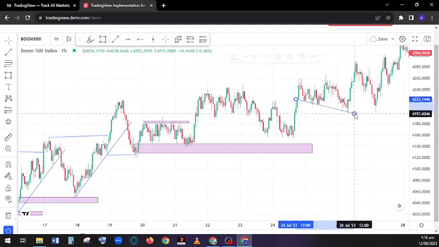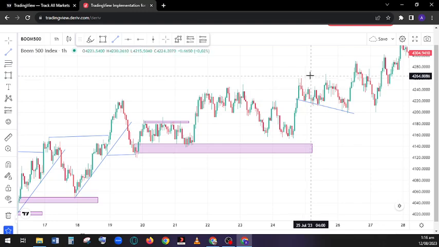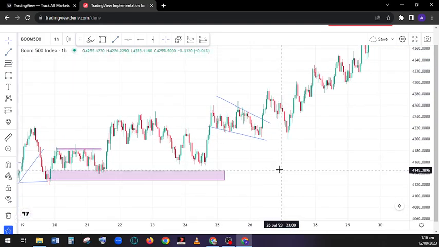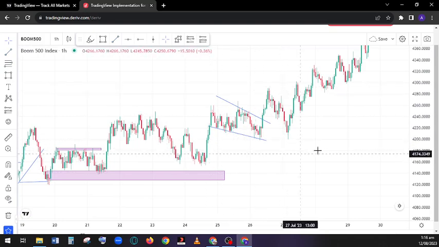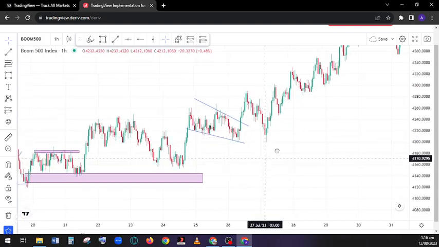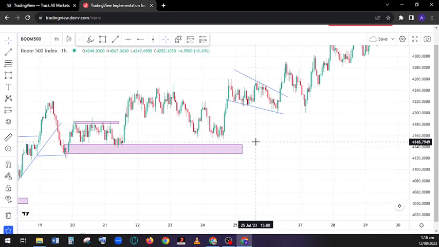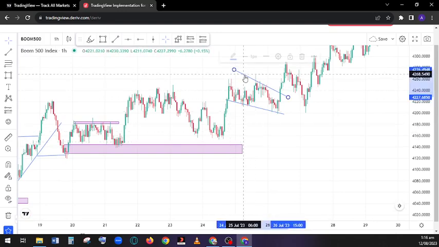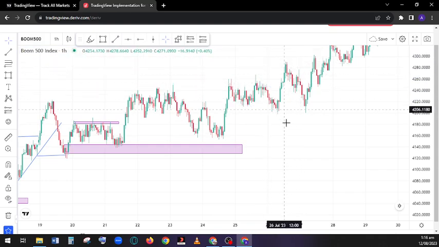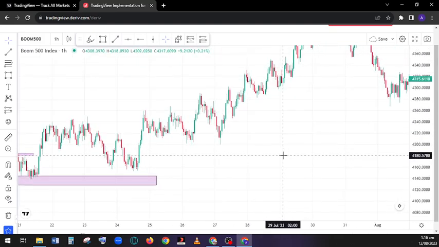Okay, the rising wedge, the descending channel, and so on, the triangles, and these all can be identified using trend lines being drawn here and there. Then some common ones also in the market are the double bottom, and then the double tops, the triple bottoms, and co. All right.